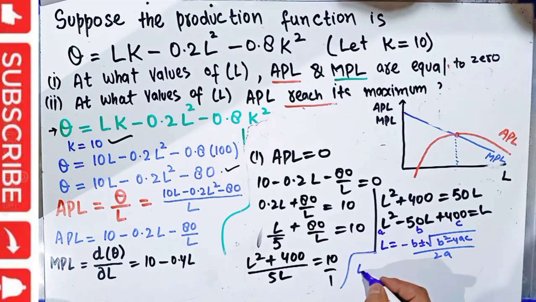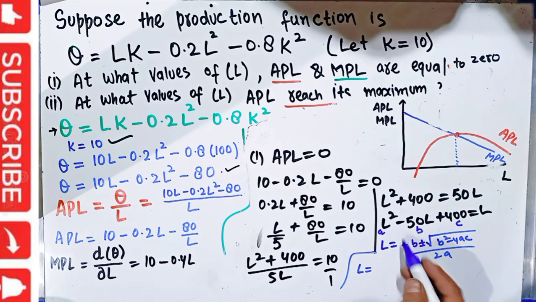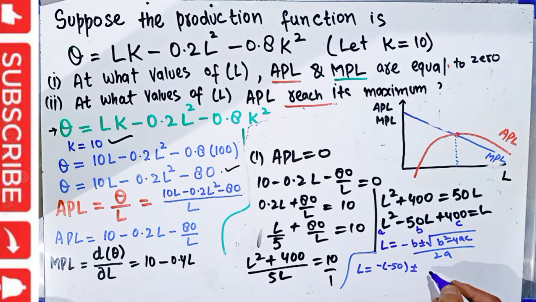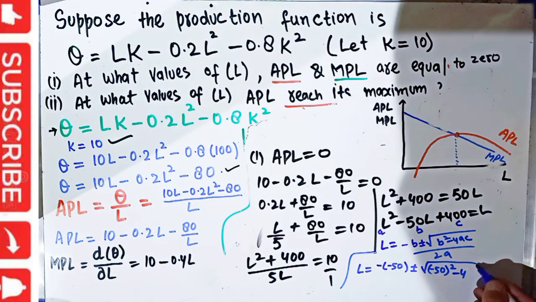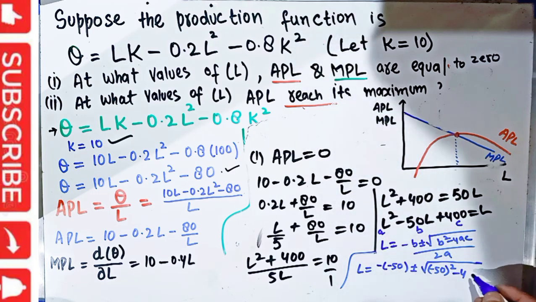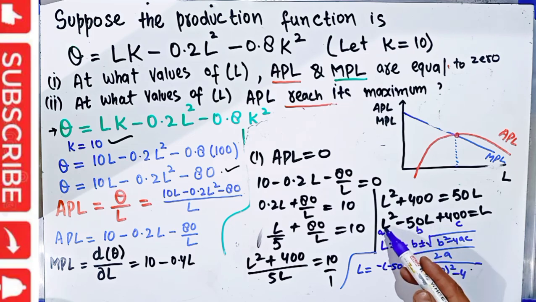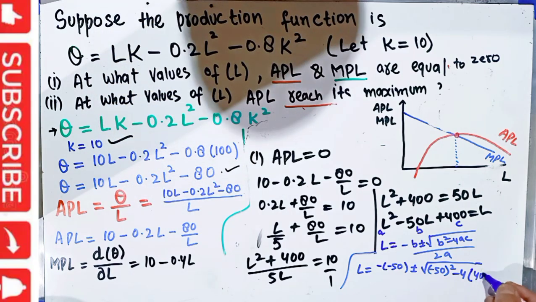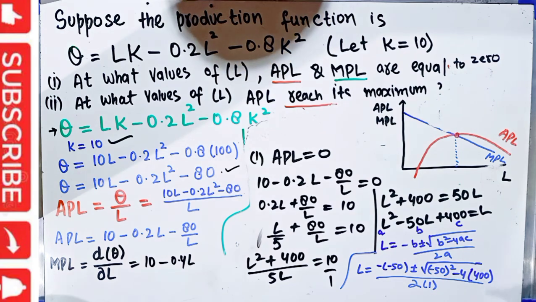L is equal to minus B, which means minus (-50), and minus into minus is plus, so we get 50 ± √(50² - 4 × 1 × 400), divided by twice A, so 2 into 1 is 2.